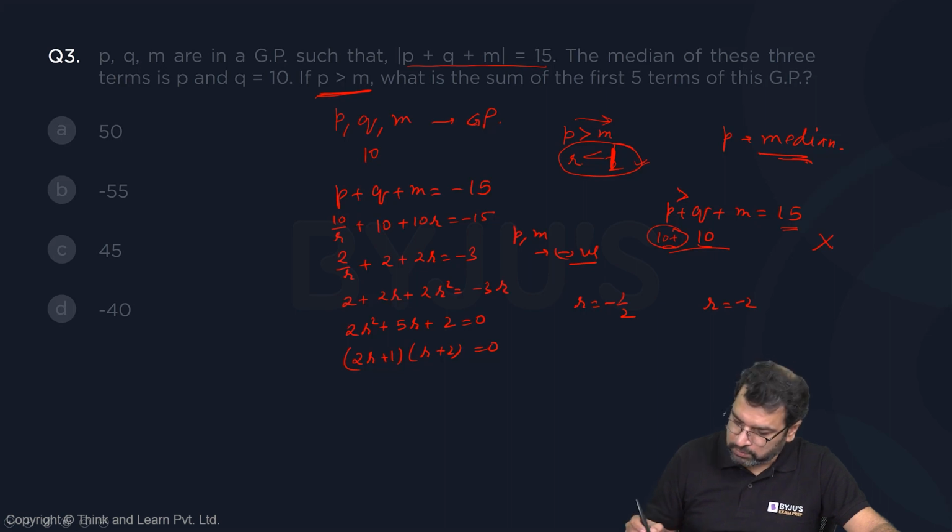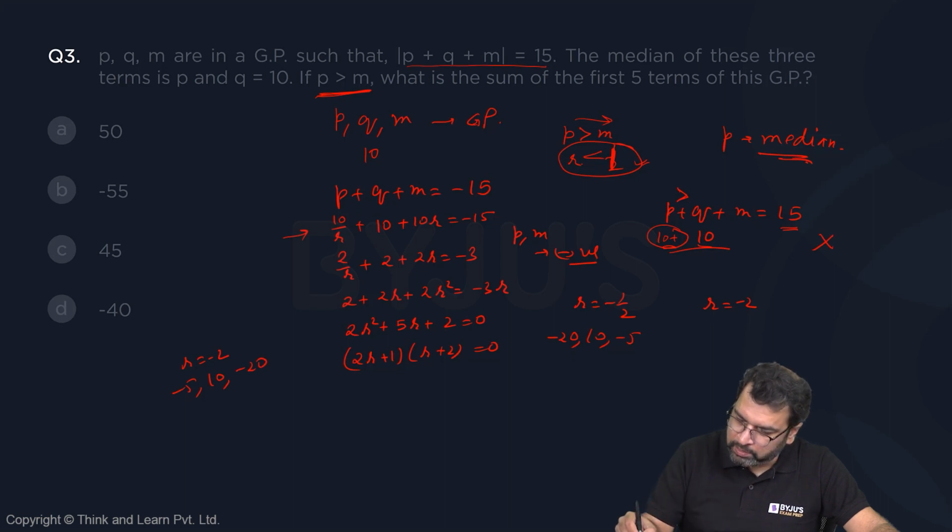Okay. So minus half, when you put here, I mean the individual terms, minus half gives you minus 20, 10 and minus 5. And when you put R is equal to minus 2, it gives you minus 5, 10 and minus 20.